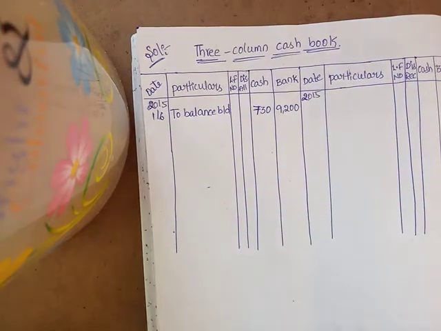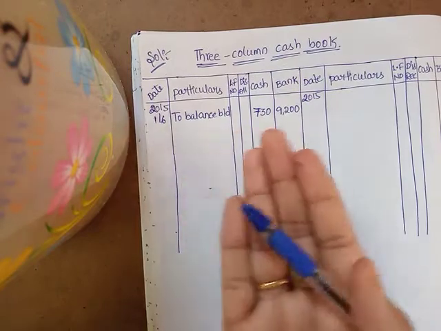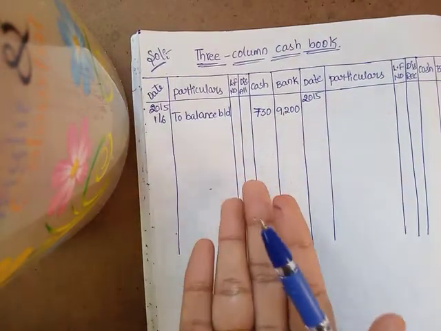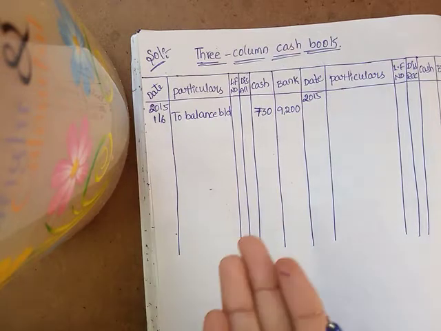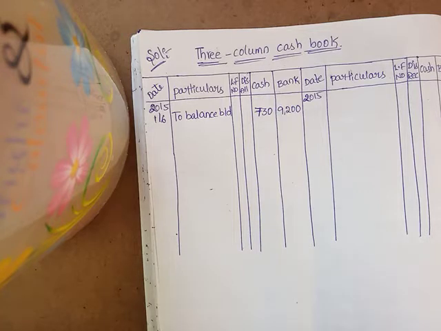Next is received check from Indra with discount of rupees 32. Okay, so received check. All the receipts come under the debit side and all the payments come under the credit side. Suppose in any transaction a check is mentioned, then we have to write that amount in the bank column. What is the entry? Bank account debit to Indra account.